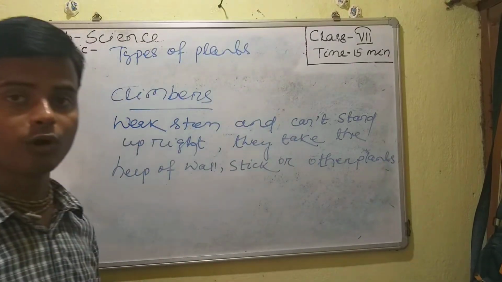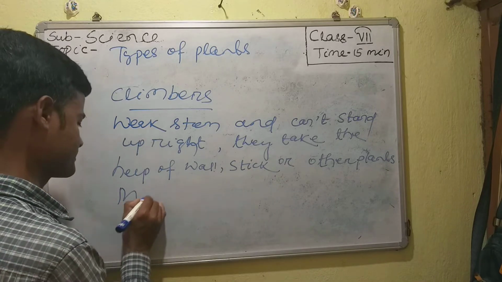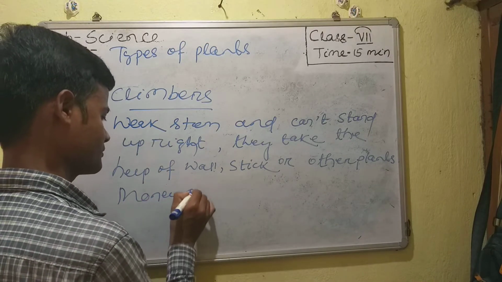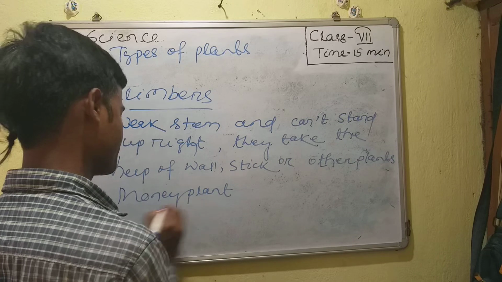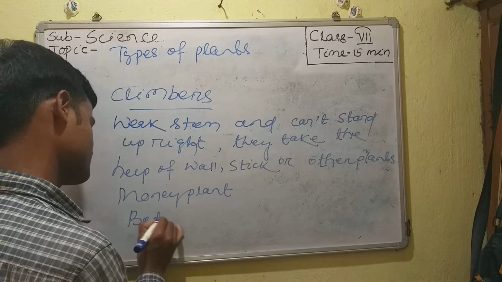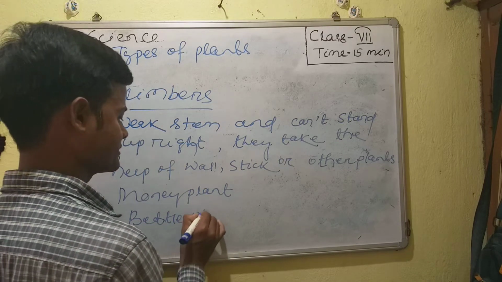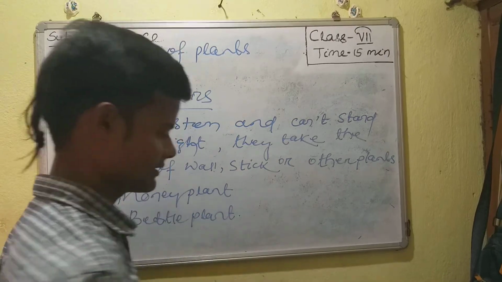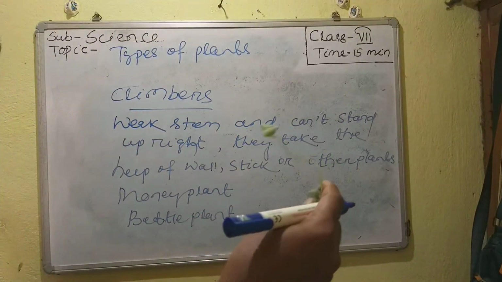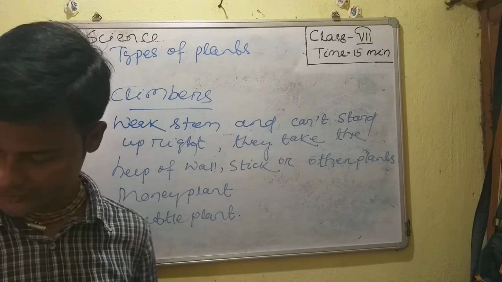In your home you must have seen a money plant, right? It is a climber. Betel plant, right? These plants have weak stems. So these are the climbers.